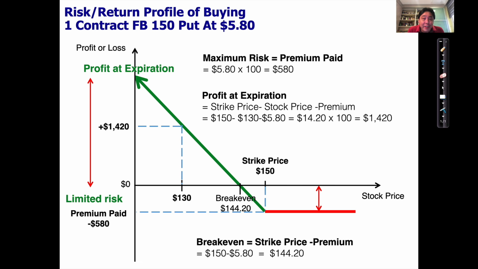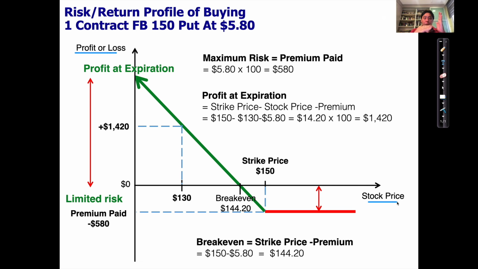Once again, let's visit the risk and reward charts to understand the risk and reward in buying and selling put options. Okay, so once again, remember, on the y-axis, you have profit and loss. So that's the zero line. Anything above that would be profit. Anything below that would be a loss. On the x-axis, you have the stock price.